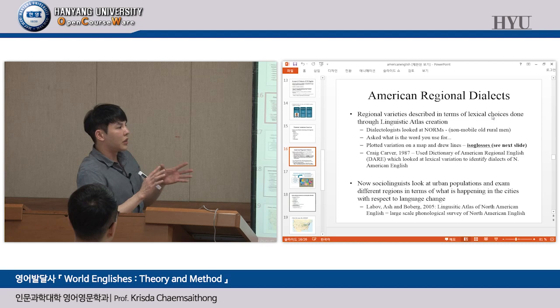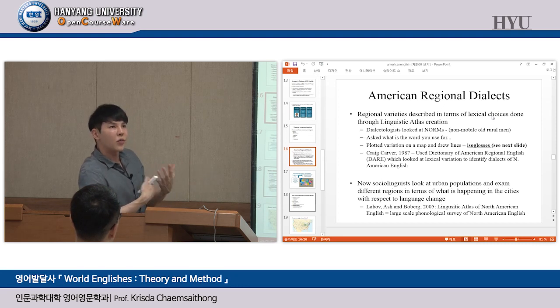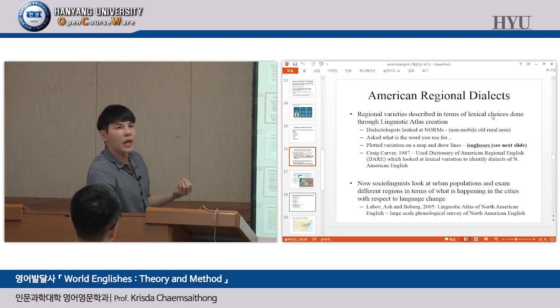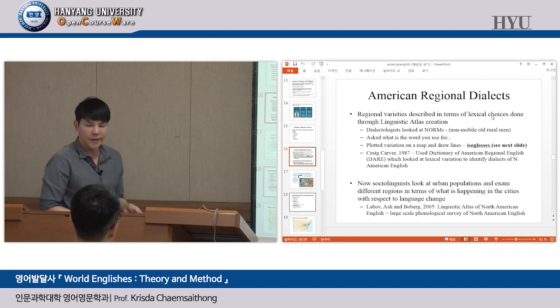Because in those cities, you have a lot of immigrants, and people come and live together, so language would change in some way. So in modern days, sociolinguists look at urban population rather than old or rural people and so on. And famous linguists include Labov, Ash, and Boberg, and so on, right?